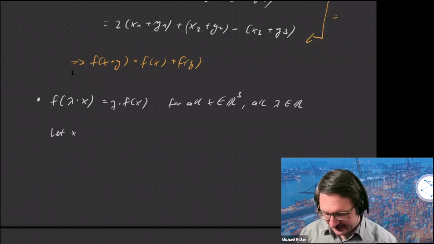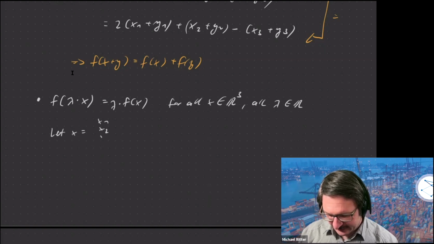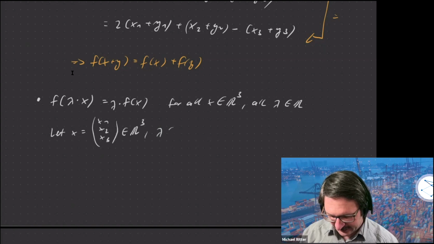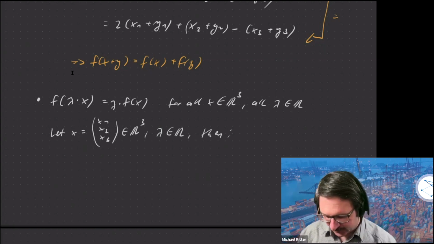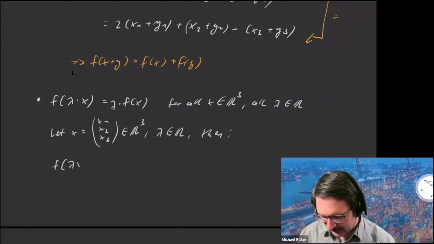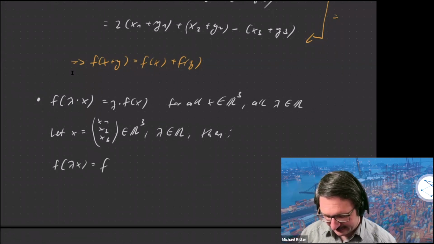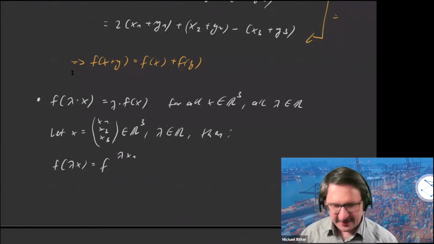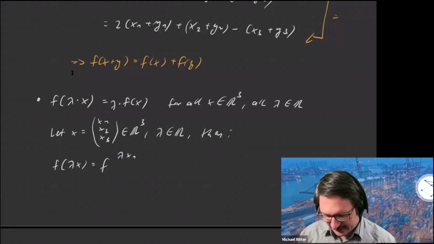And again, let's say let x be a vector in R3, x1, x2, x3, and lambda be in R. Then f of lambda x is the same as f of the vector we get by multiplying x by lambda first, so lambda x1, lambda x2, lambda x3.